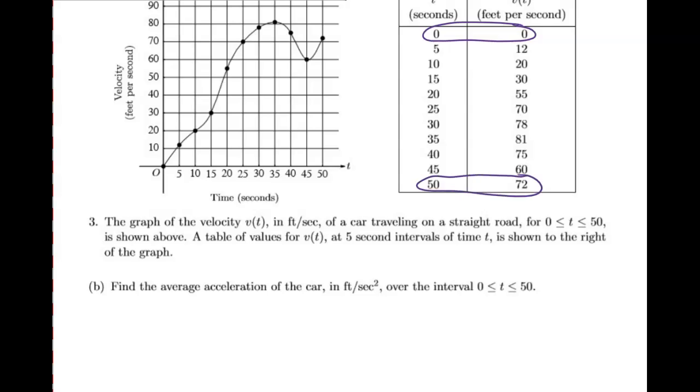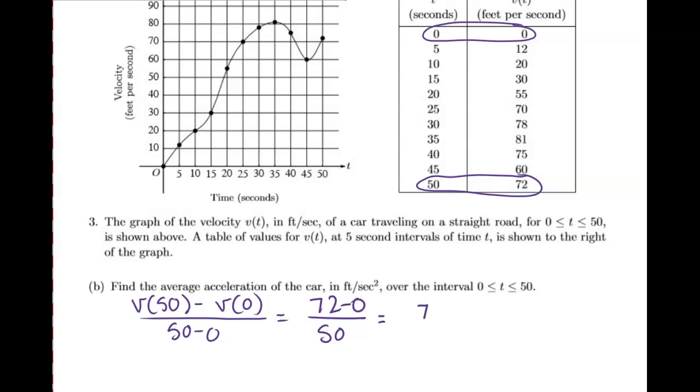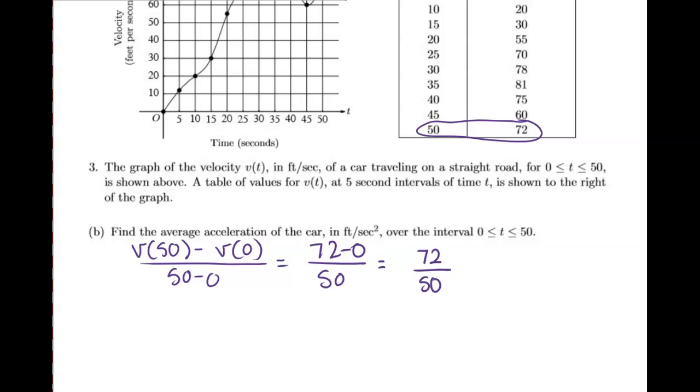So the average acceleration will be v of 50 minus v of 0 over 50 minus 0, which is 72 minus 0 over 50, which is 72 over 50. It's calculus. We don't have to simplify if we don't feel like it. Feet per second squared.